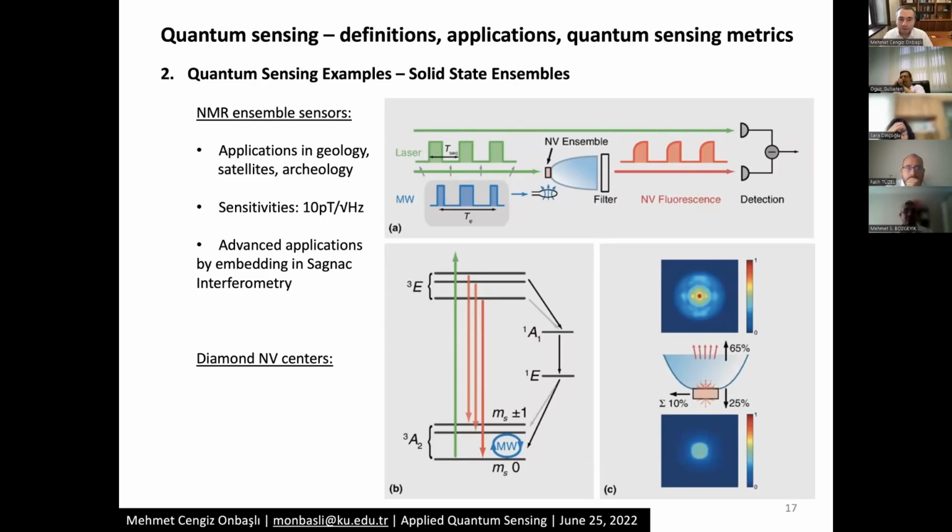When you have this diamond crystal, you can have pairs of nitrogen and vacancy centers, and a large number of these pairs come together, which allows you to pick up a strong fluorescence signal triggered by the red emission as a result of the pulses that we apply. I'm going to come back to this figure, the diamond centers, later in more detail.